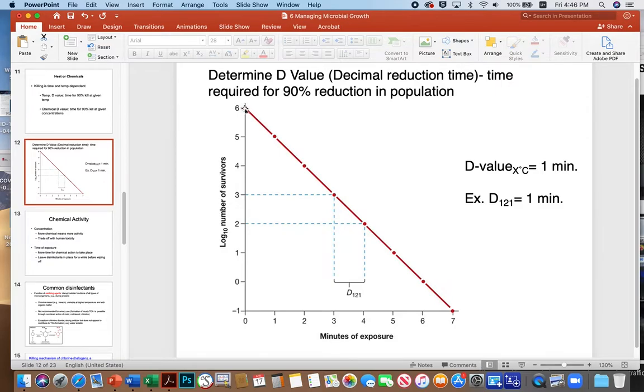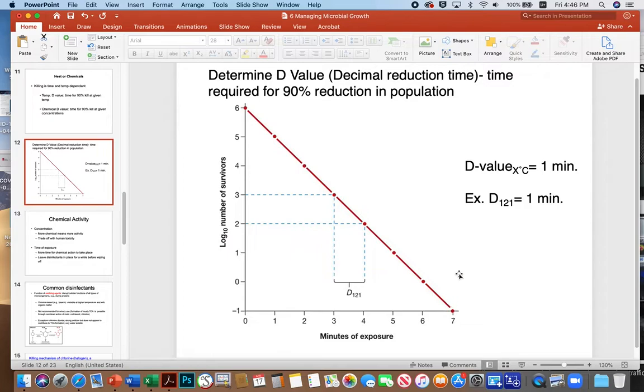After 1 minute of exposure to that 121 degrees Celsius, you pull a sample out and you plate it on your media, and you find that there's 10 to the 5th bacteria left, or 100,000 bacteria. You wait another minute and you pull out a sample, and in this hypothetical example, there are now 10,000, and so forth. And so you create this regression.